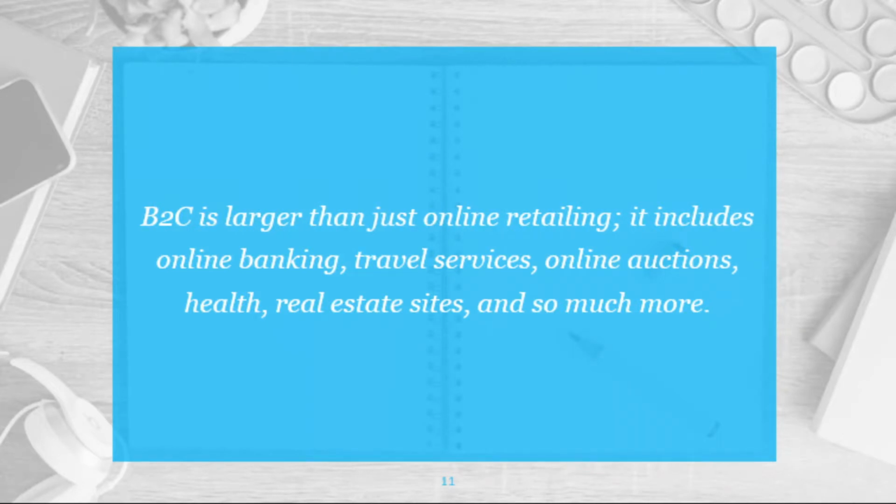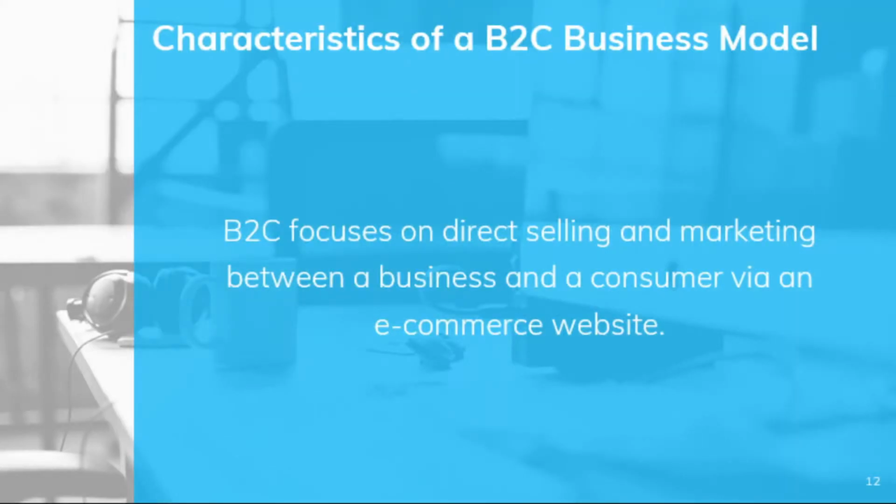Okay, so let's discuss now what are the characteristics of the B2C business model. Okay, so the first one is that B2C focuses on what we call direct selling and marketing. So direct selling between a business and a consumer via what we call the e-commerce website.